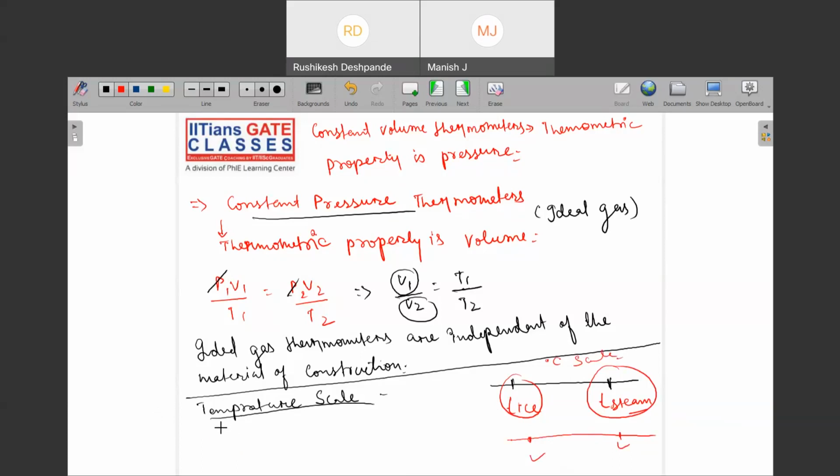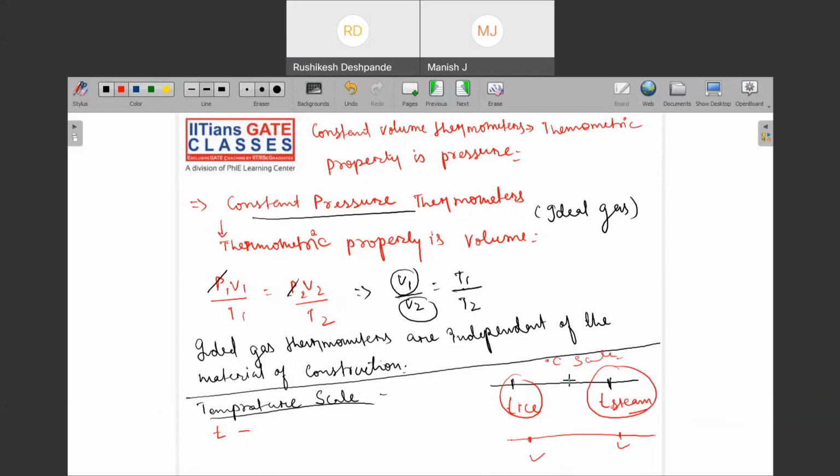So how do we correlate between these two? If we know that there is linear variation, then we know that T minus T ice, where T is any given temperature.